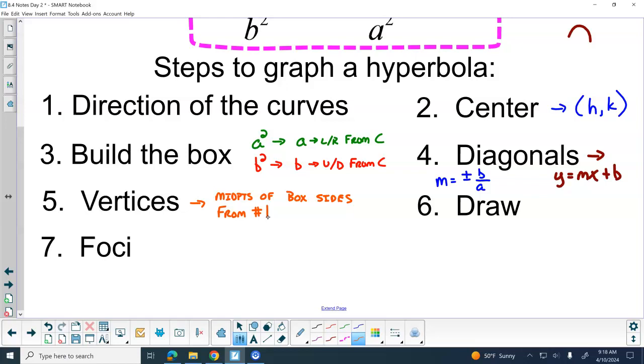Step 7, we need to find the foci. First off, foci are going to be inside the curve. Second thing, what was the equation that we used to find the foci? A squared plus b squared equals c squared.